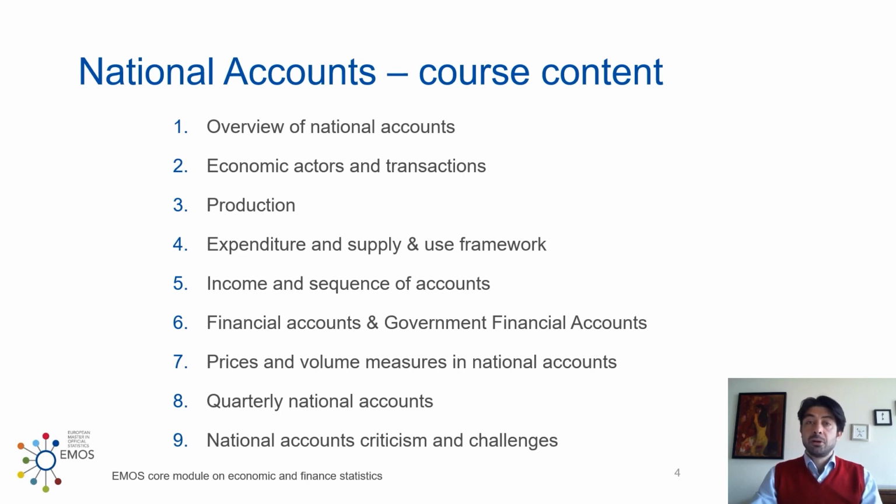The eighth module will illustrate the key elements for the compilation of quarterly national accounts. And finally, the last module will discuss the criticisms that are moved to national accounts and the challenges that national accountants face and are trying to address at the moment.